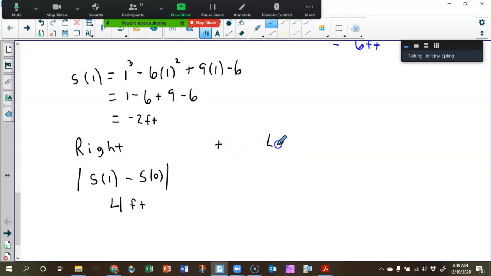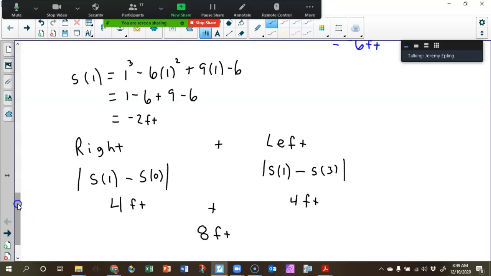We're going to figure out how far we're moving to the left, which is also 4 feet. Where were we on the number line when we changed directions? At 1 second. Where did we end up on our number line? Figure out that distance, which is also 4 feet. And we have our total distance, a distance of 8 feet.